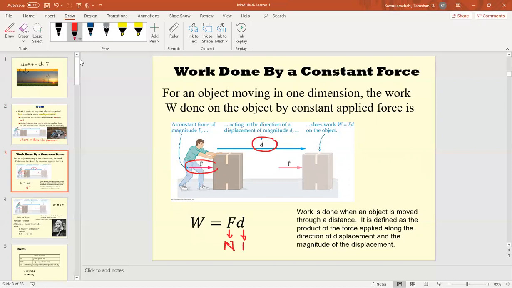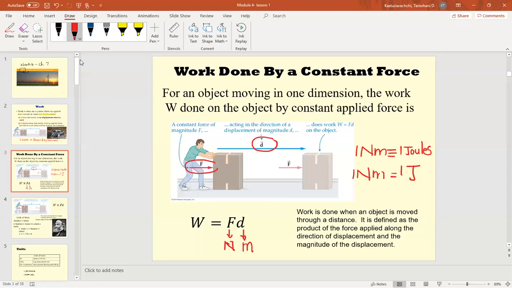Displacement is also measured in meters, length, so we get Newton meters. There is nothing wrong with Newton meters, but we have one word for that: 1 joule. One Newton meter is equivalent to 1 joule. You will see work in terms of Newton meters or joules.